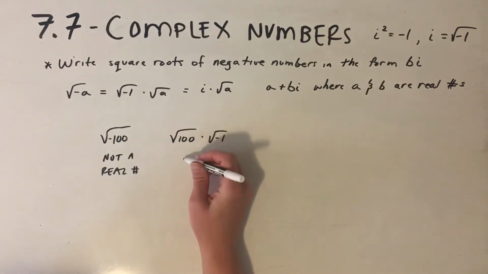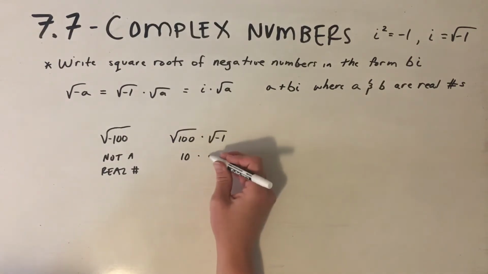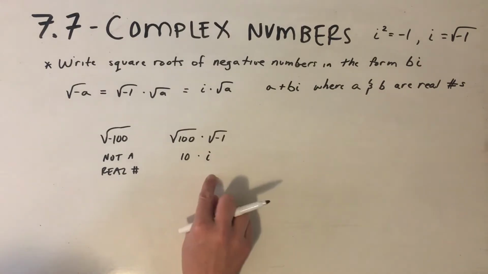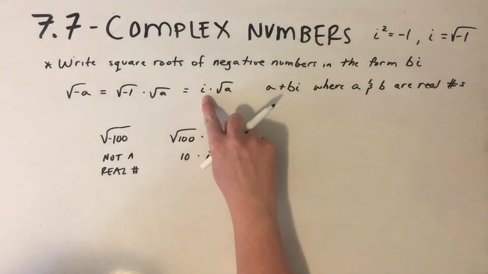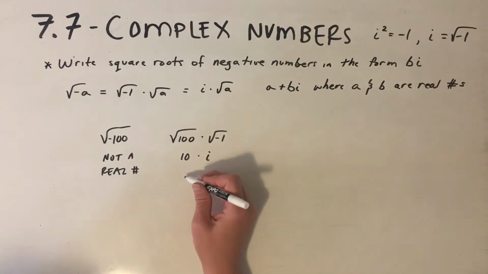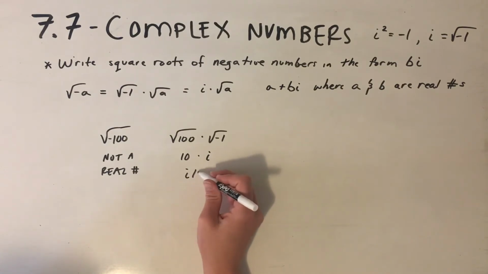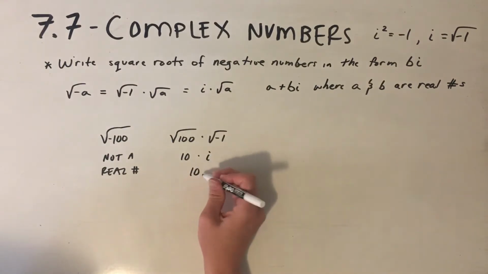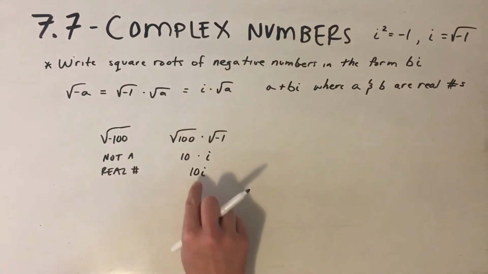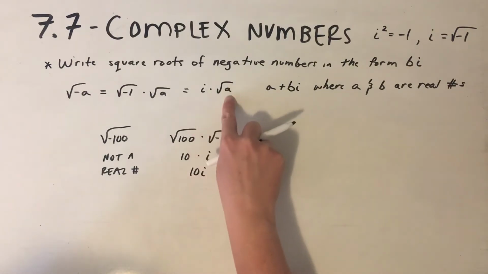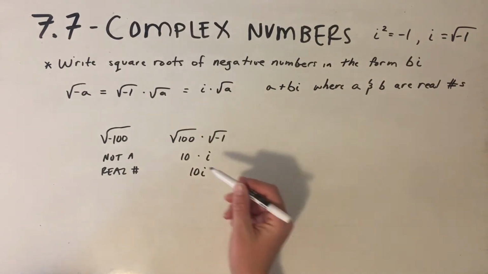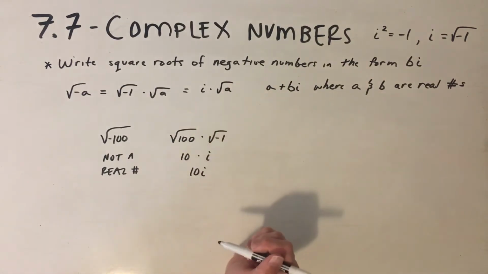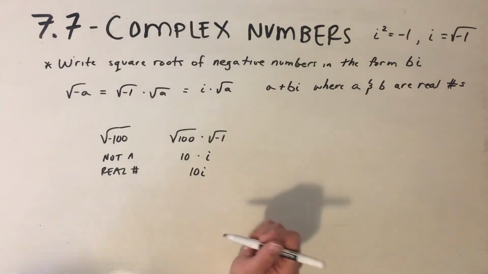So this is 10, and this is I. But we would write it in this format, I square root of A, which in this case we're going to write as 10I, because there's not a square root left. Because we could take the square root of 100, we would leave it in this format.